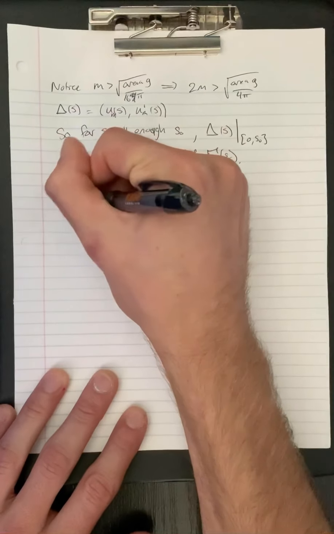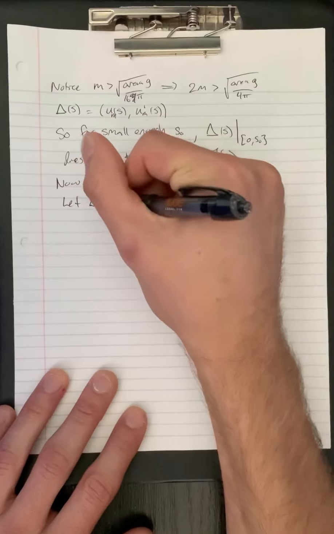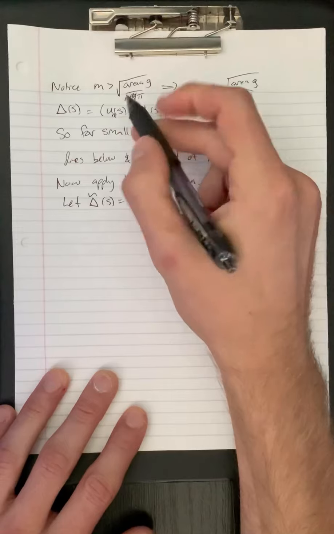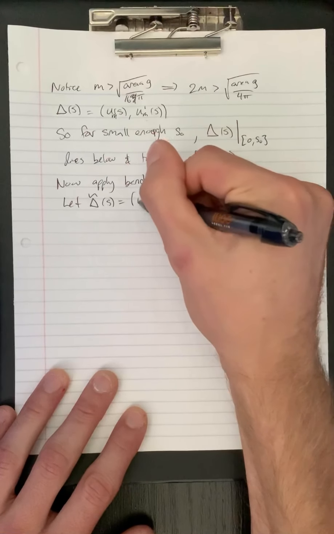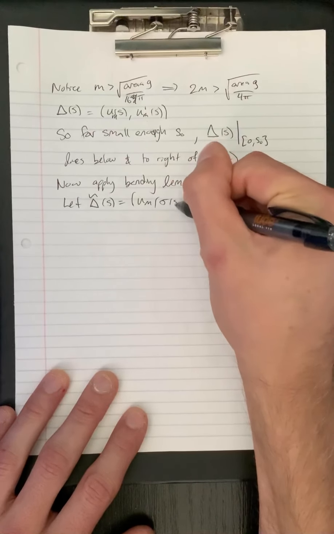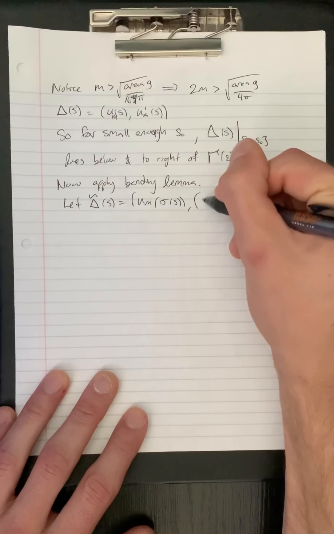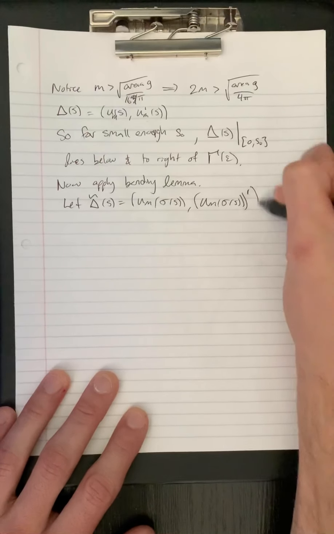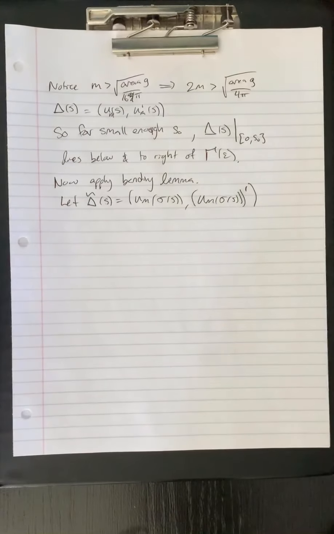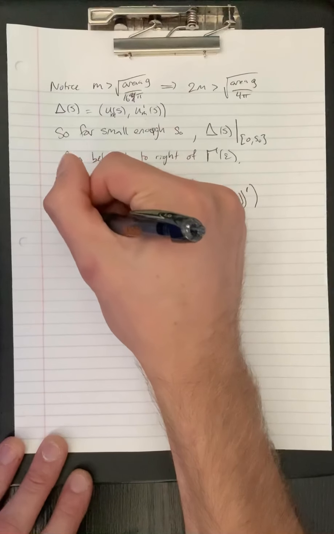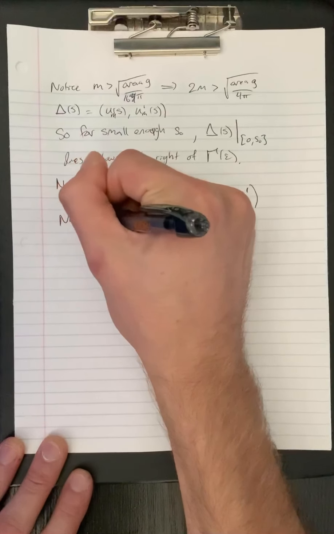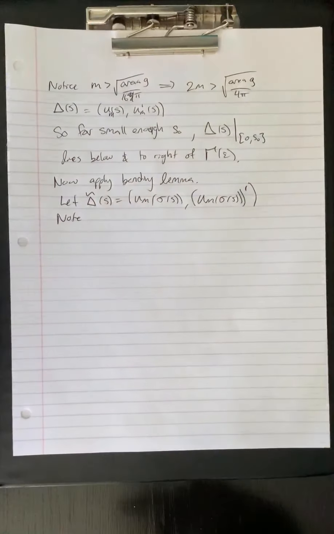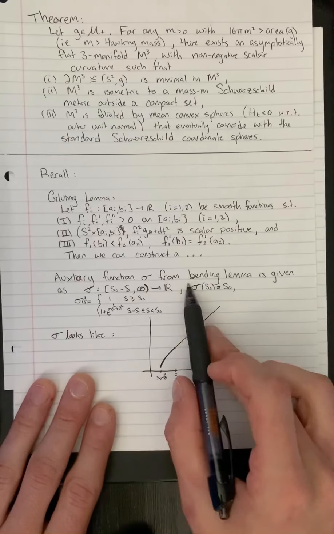So let delta tilde, depending on S, equal the modified version of delta, which is sigma of S and sigma of S prime, just slightly modified. Note, this is why I wrote down this little recap of what sigma was.